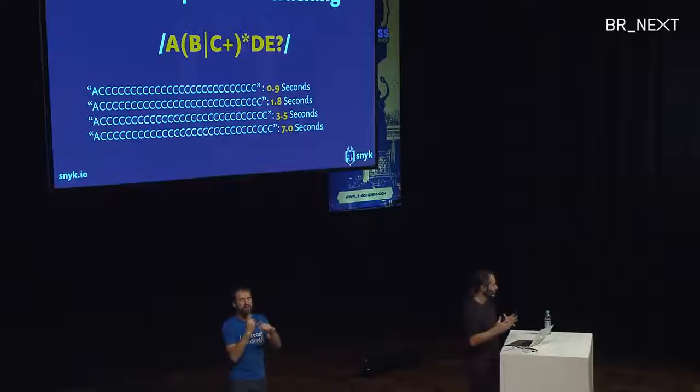So if you give them a pattern where they can almost match, like almost get there, but not quite, they will backtrack and try to figure out another path. And by having nested groups like this, if I have multiple C's, they could apply to the C plus inside the group, or they could apply to the star outside the group. And that just creates a ridiculously large set of possibilities.